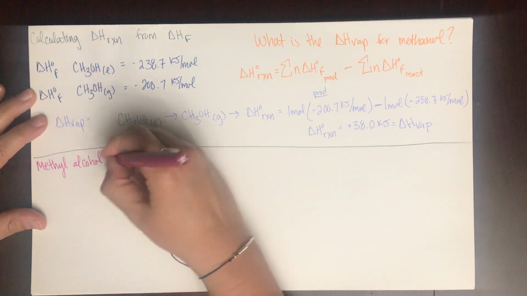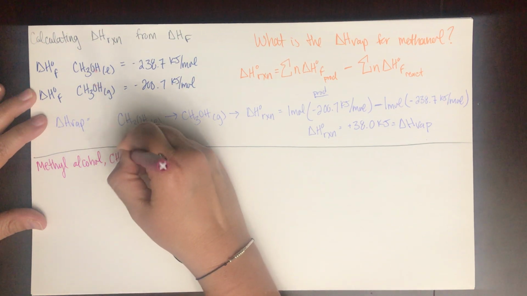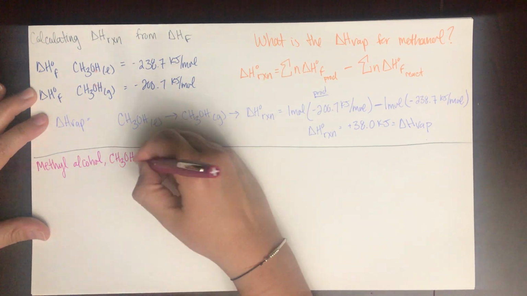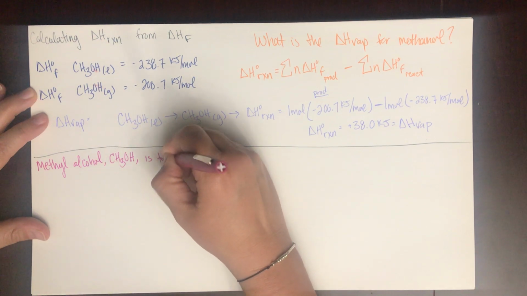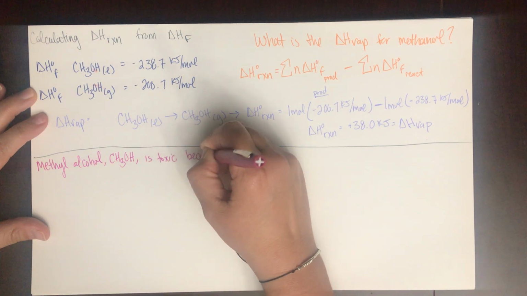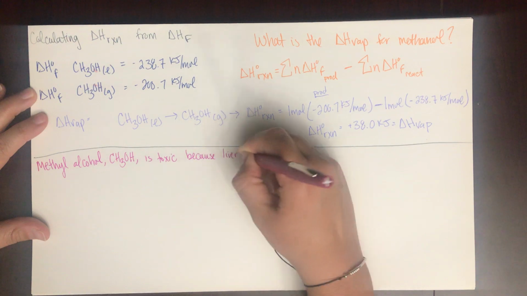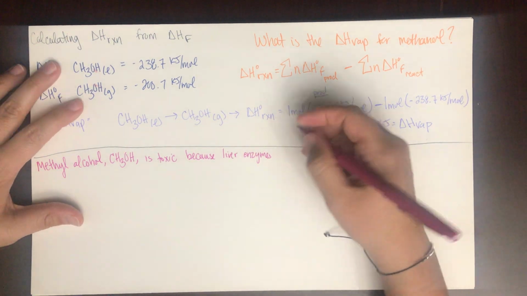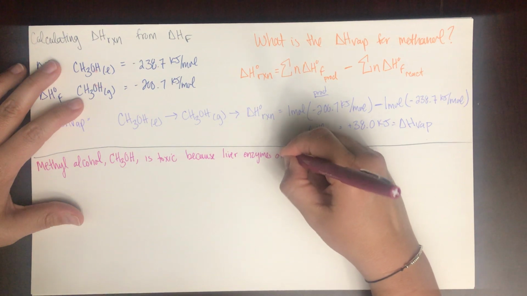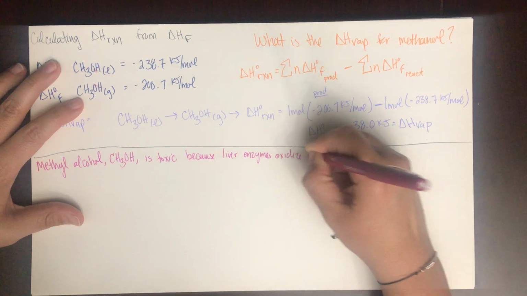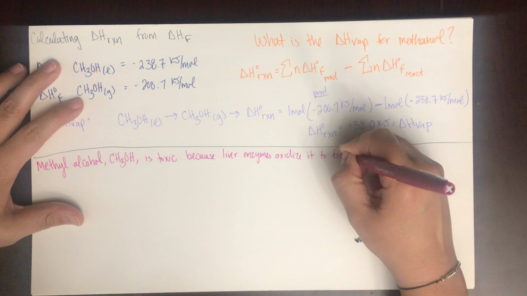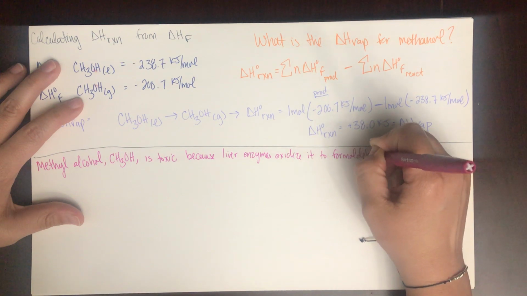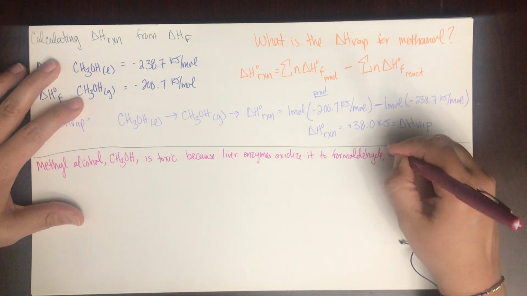So methyl alcohol, CH3OH, is toxic because liver enzymes oxidize it to formaldehyde, which is toxic.